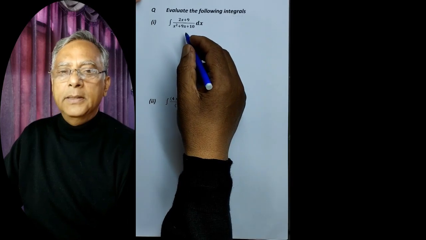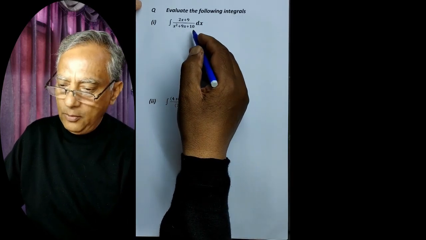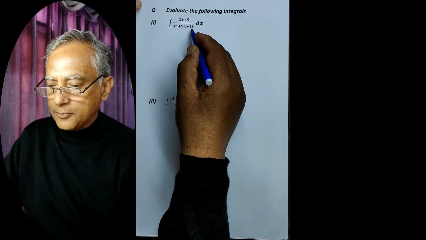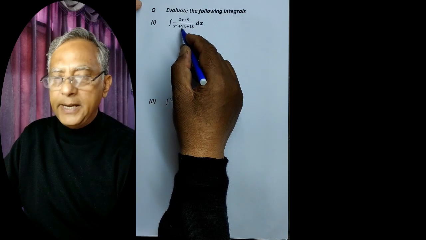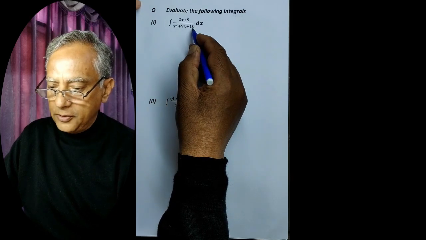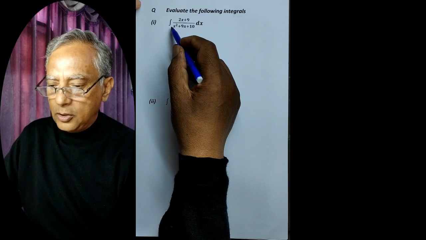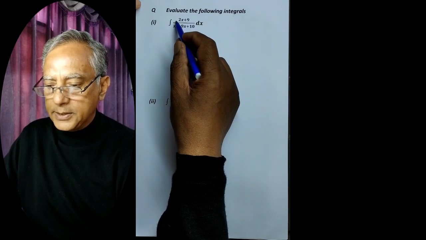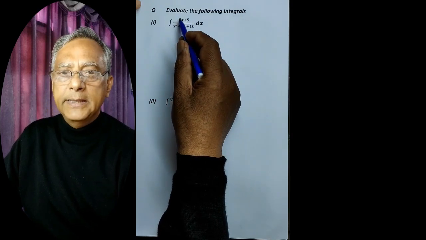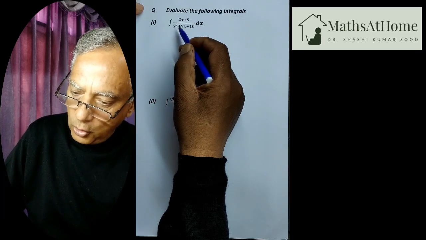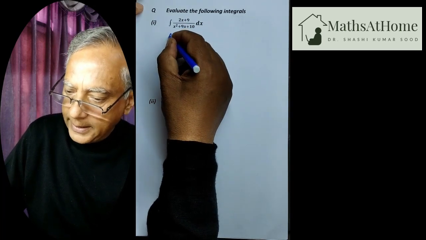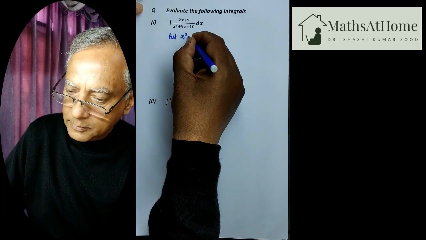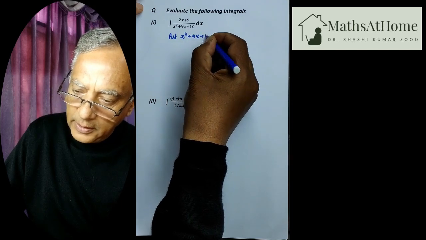Now we have this question. Here what we notice, if I substitute x square plus 9x plus 10 equal to t, then differentiation will be 2x plus 9. 2x plus 9 dx will go in simplification and we will have 1 by t. So put x square plus 9x plus 10 equal to t.